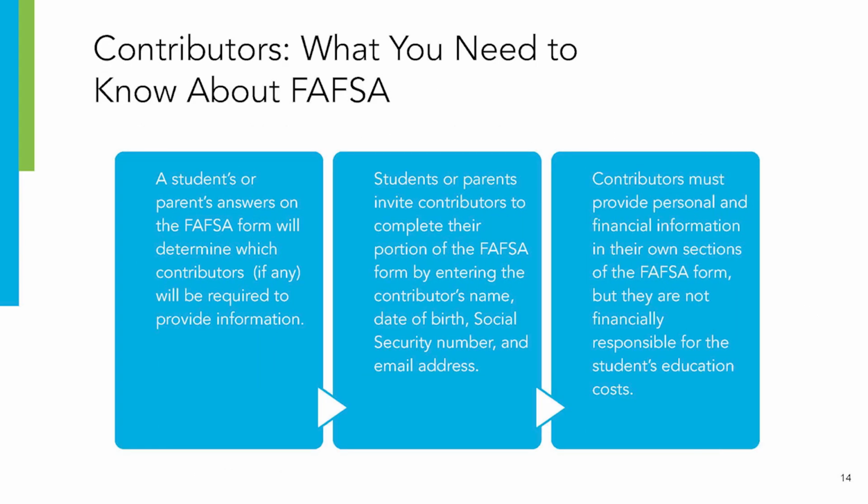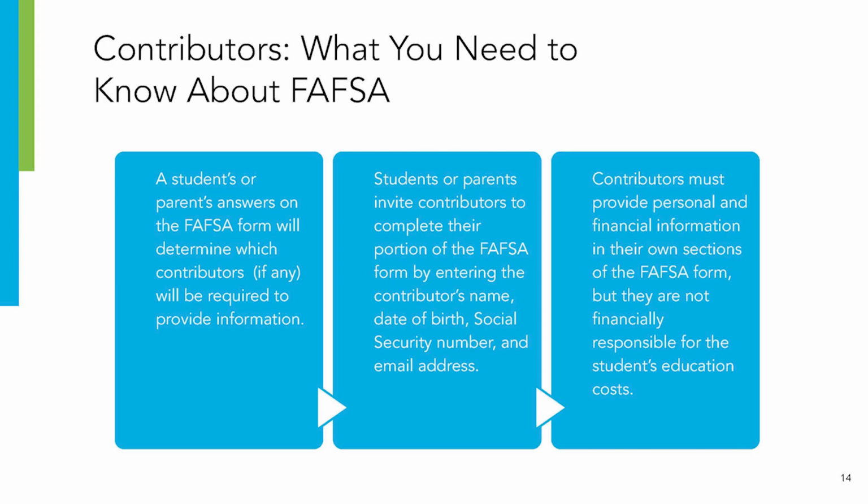A new term is the contributor. Who is going to be a contributor? What you need to know about that is a student or parent's answers on the FAFSA form will determine which contributors will be required to provide information.